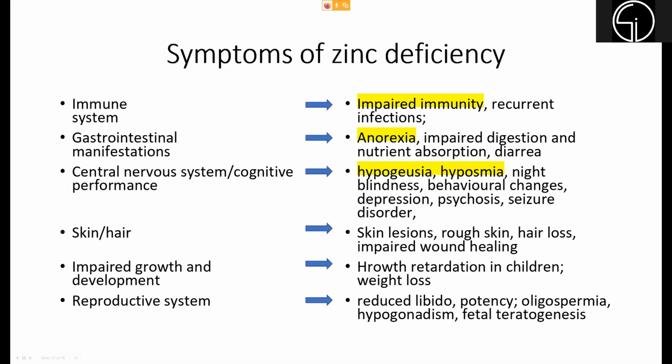Now, in extreme cases, there can be skin lesions, hair loss, growth retardation in children, and it also has effects on the reproductive system when there is a long-term deficiency of zinc.